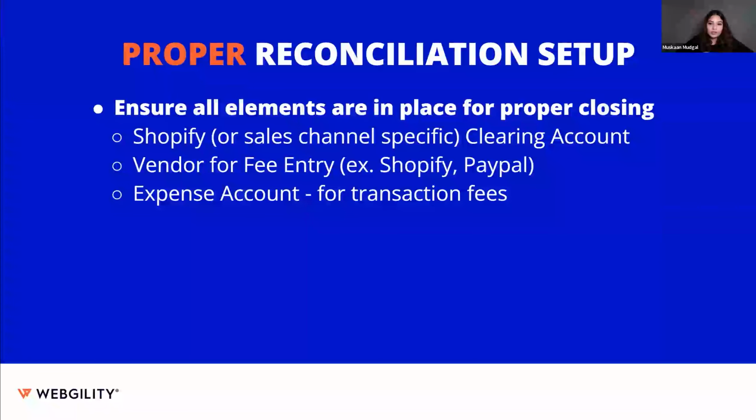All those fees we can track through Webgility into one expense account. Also, in case you want to bifurcate this, you can create separate expense accounts and track them separately.